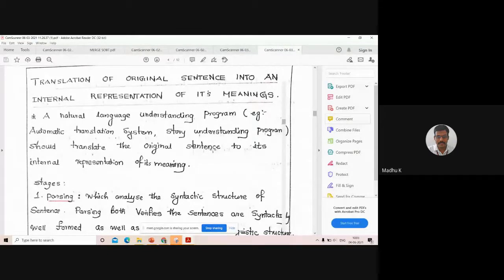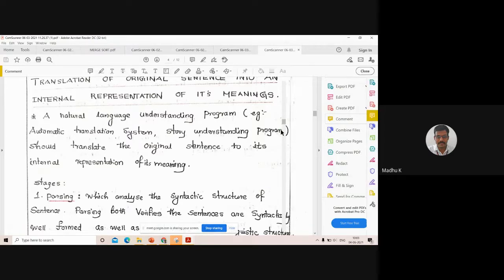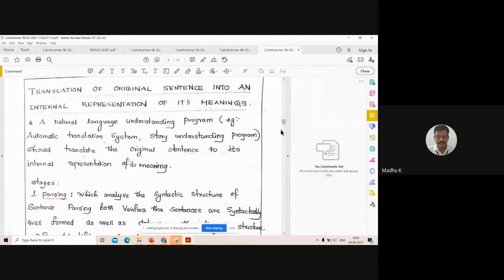After the syntax tree is created, we will do semantic analysis on that tree. What is semantic analysis? Semantic analysis means we will analyze the semantics of the language or sentence.